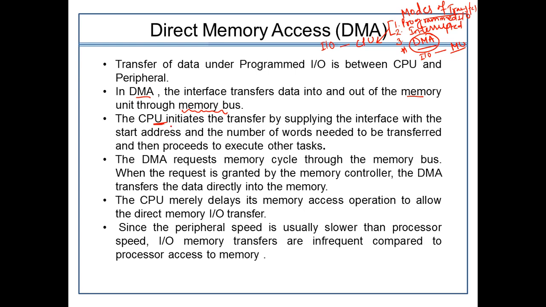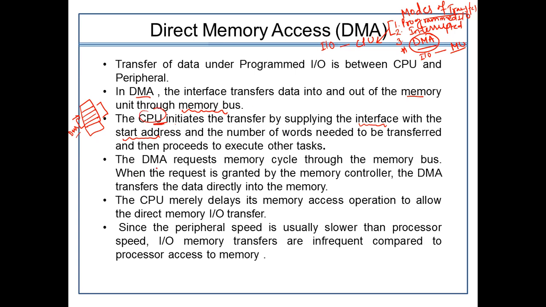The CPU sends some information to the interface, which includes from which particular address we have to start referring to the memory directly, and how many words in the memory have to be processed under the DMA data transfer.